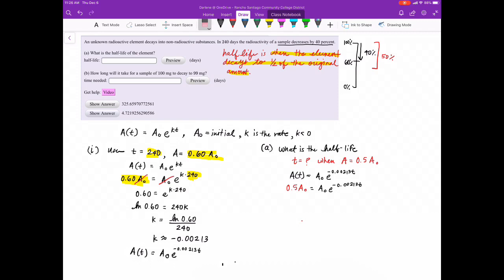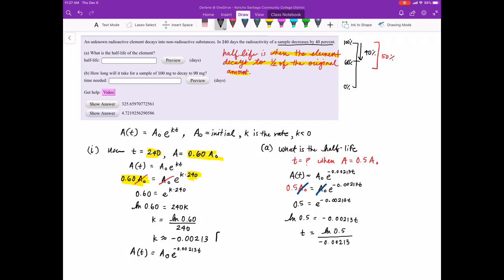And once again, the A sub zeros reduce out, and we're left with 0.5 equal to e to the negative 0.00213 t. And we can take natural log of each side, so we'll have natural log of 0.5, which is equal to negative 0.00213 t.